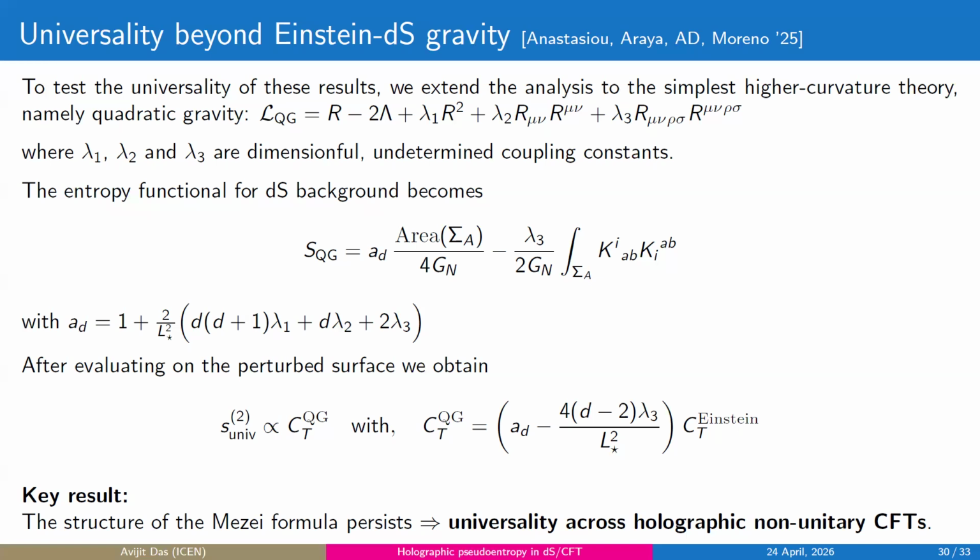We haven't done the calculation, but we expect the same entropy functional that we got for AdS to still be valid for dS. Yes, like the analytic continuation. So this L star squared will become minus L star squared when you do the analytic continuation.